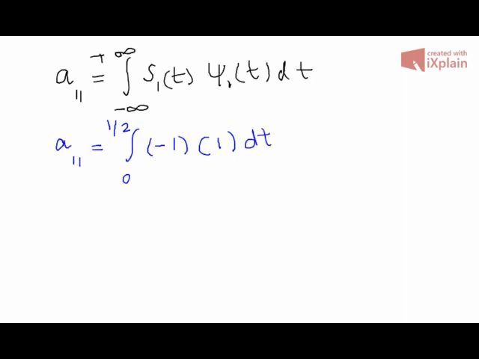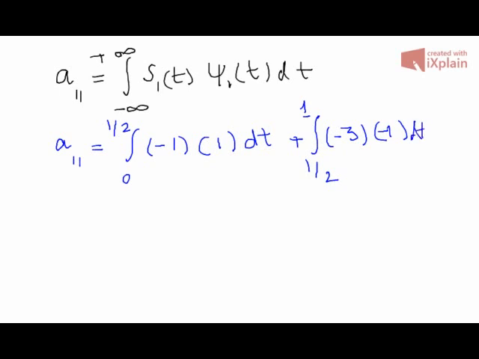Then from half to 1, s1 of t is minus 3, and psi 1 of t is minus 1.